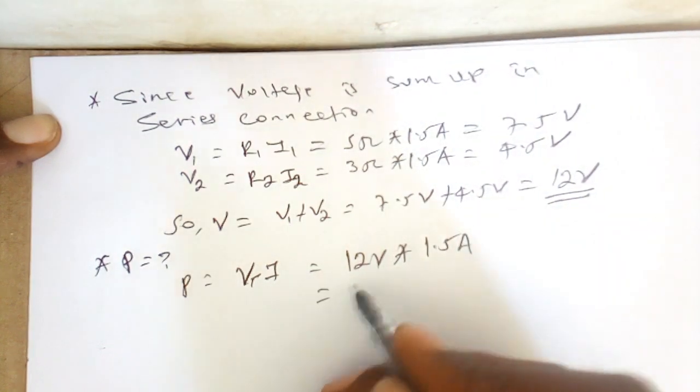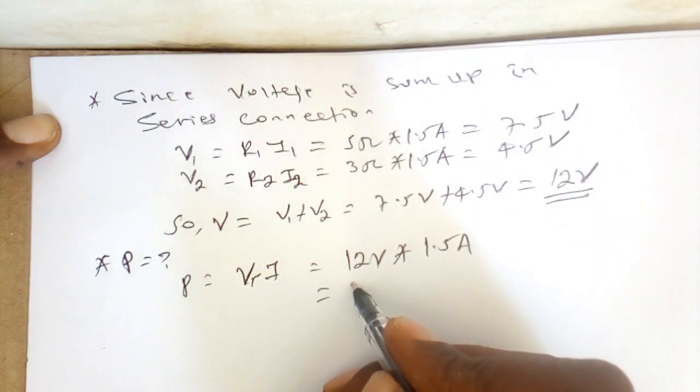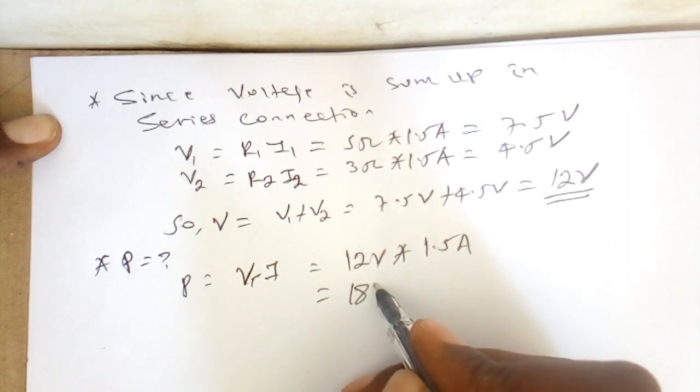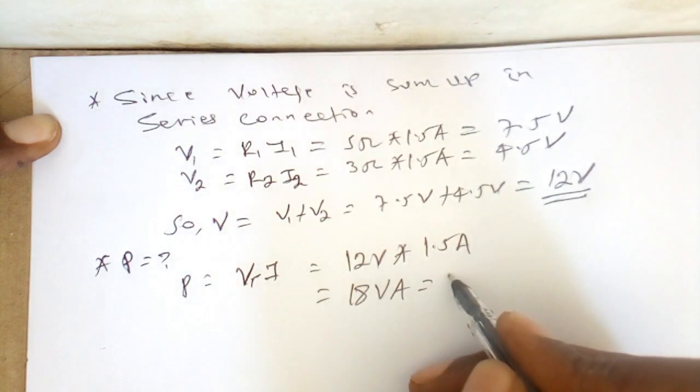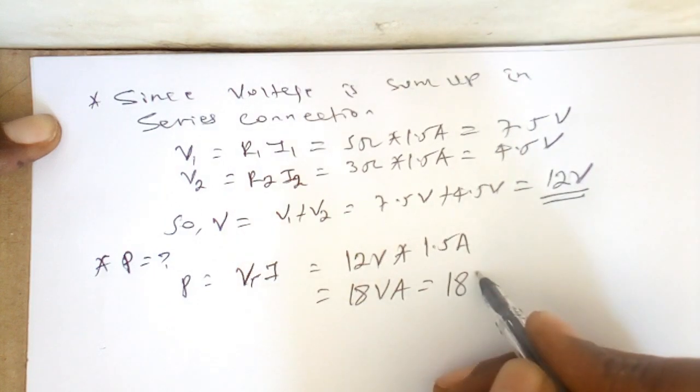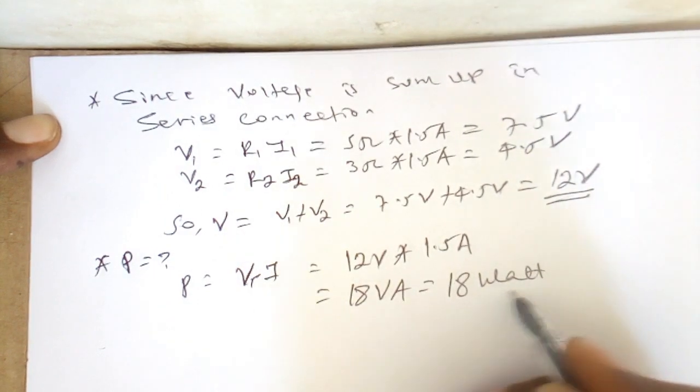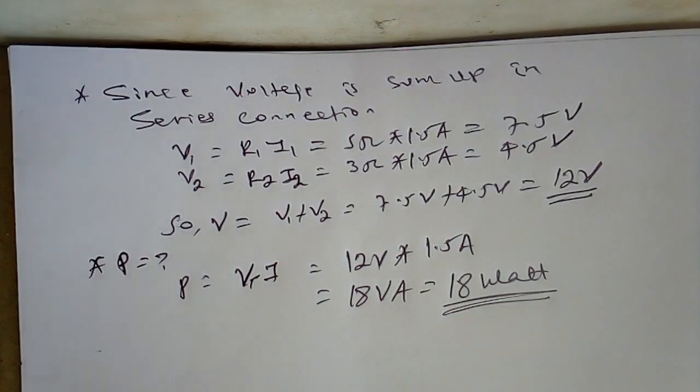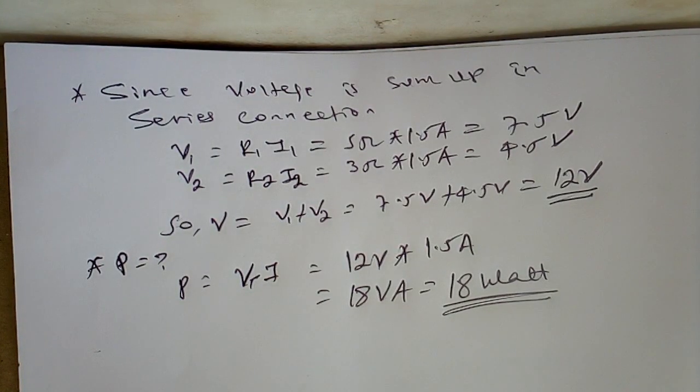The total voltage 12 volt times the total current 1.5 ampere. Then when we multiply them, 18 VA or 18 watts will be the total power.